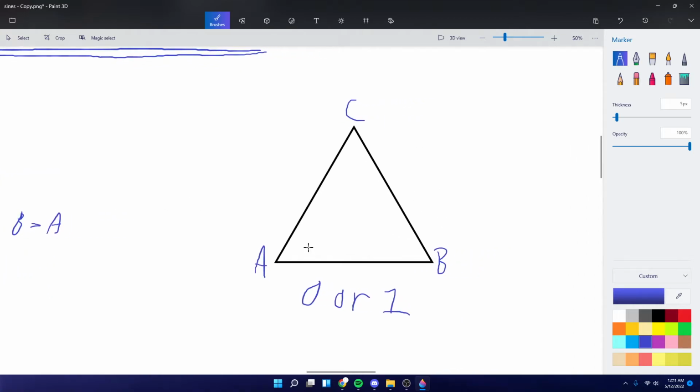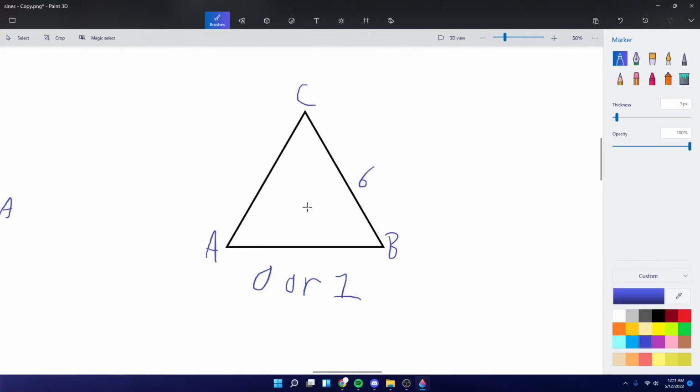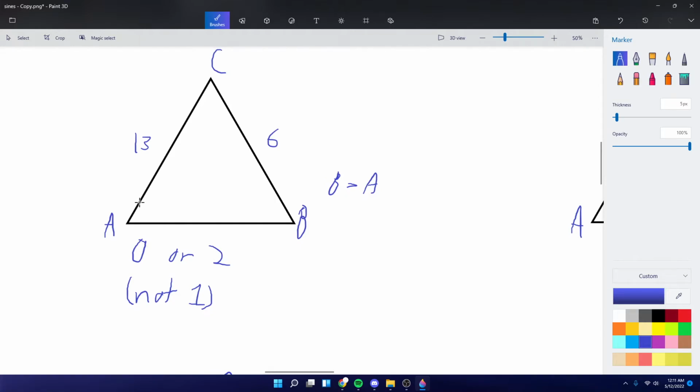And then similarly over here, if we have, say, A is still 6, and we're solving for B, and B is say like 3, then we know that angle B has to be smaller than angle A. In a problem, you'll be given angle A or B's angle.